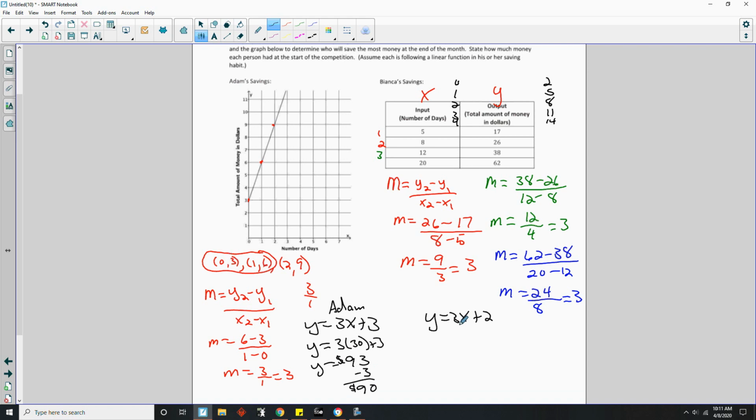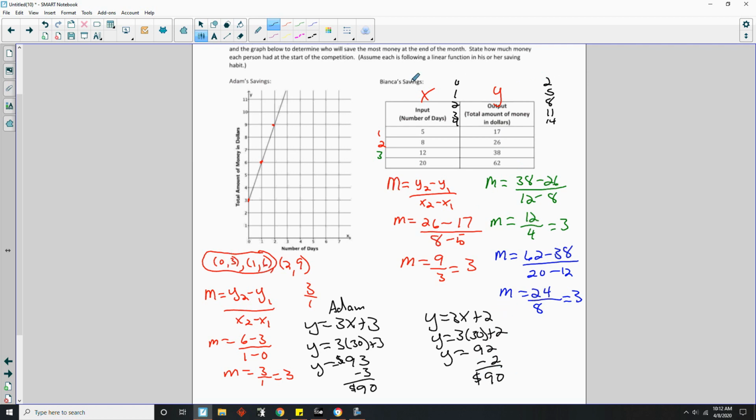If I do the same for Bianca, y equals 3 times 30, let's put it in the right order, plus 2. Well, that will give me y equals 90 plus 2, which is 92, minus the $2 she had at the beginning of the month, and so she will have saved $90.